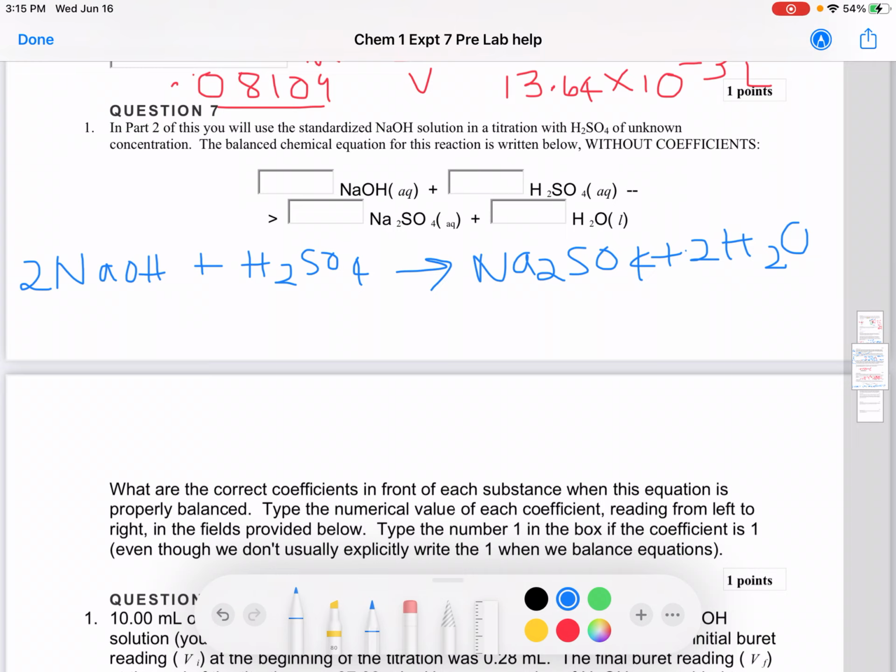There's 1 sulfate, 4 hydrogens, 2 oxygen. So you put the coefficients next to each one: in front of sodium hydroxide would be 2, sulfuric acid 1, Na2SO4 1, and water 2. So you need to find the coefficients.